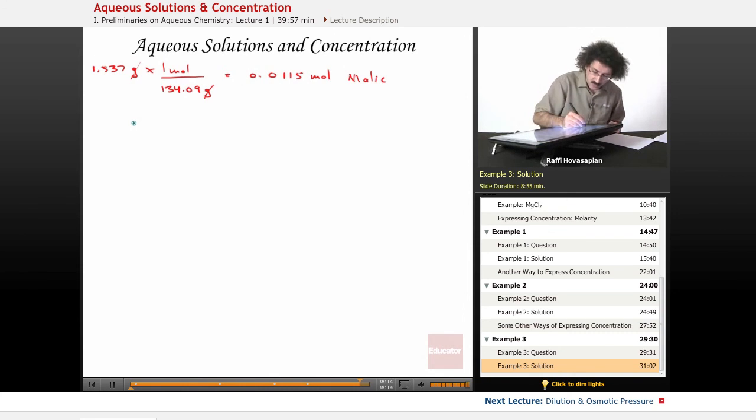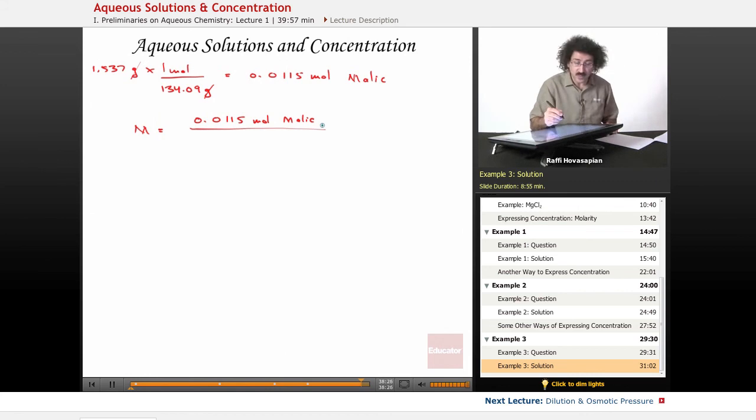Okay, we are done. So the molarity equals 0.0115 moles of malic acid divided by, and we said we had 17.5 milliliters, right?